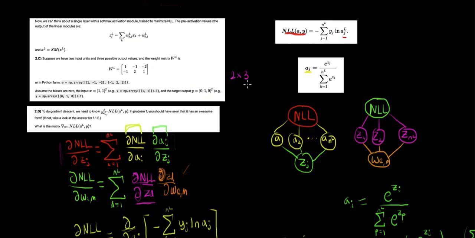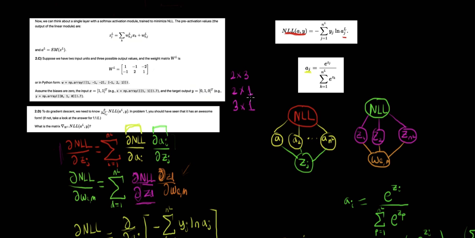And this X vector has 2 rows by 1 column. And this Y vector, Y and A, both are 3 by 1.